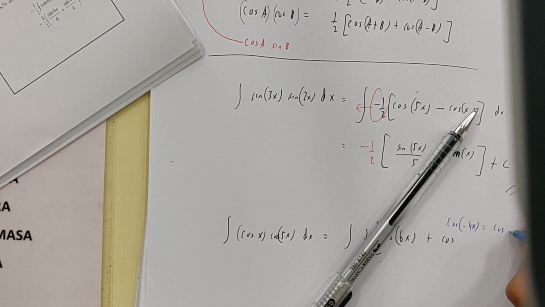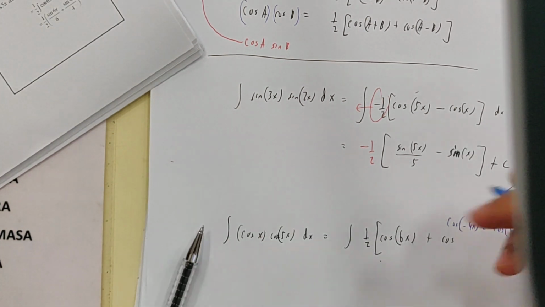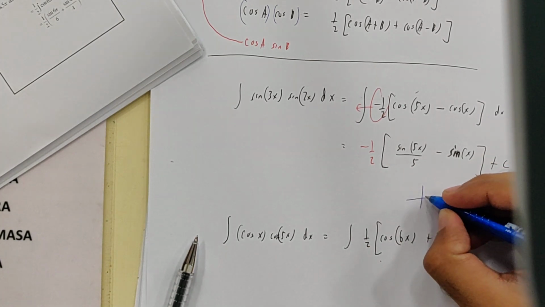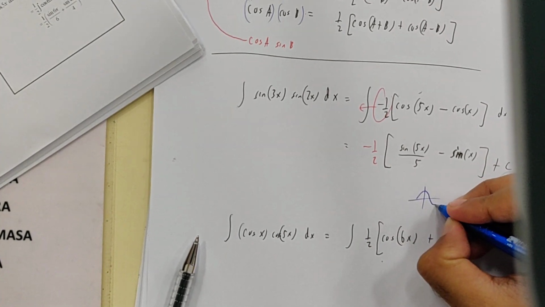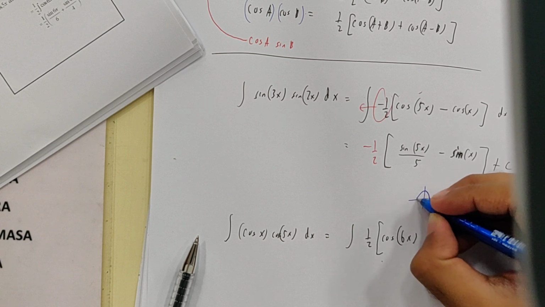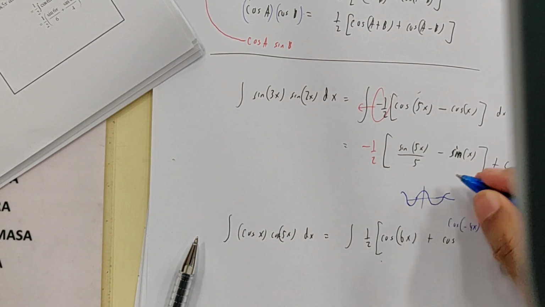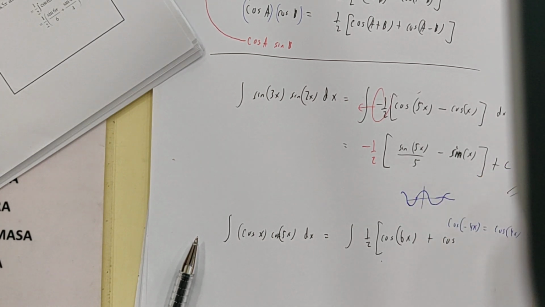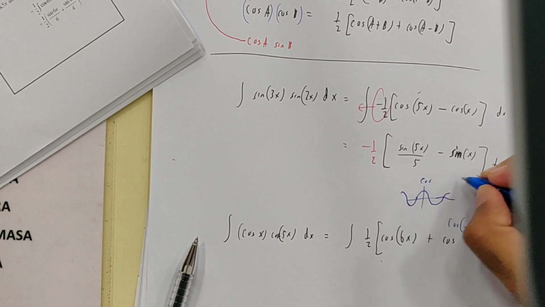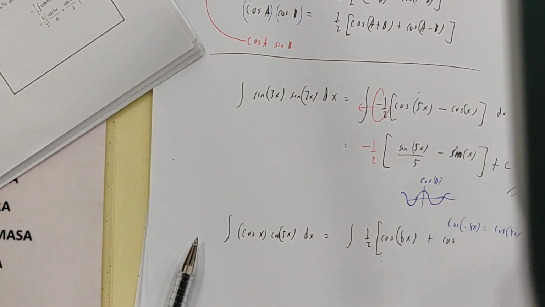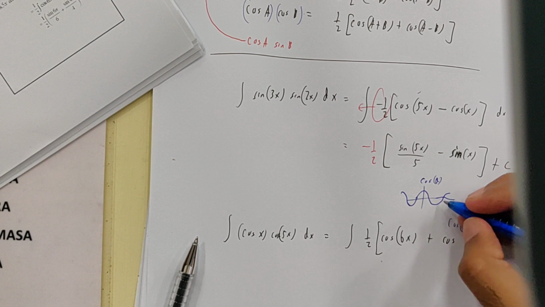It's also equals to cos 4x. Why is that? Do you remember cos graph? That the left side and the right side are identical? They are symmetrical. So left and right are the same.